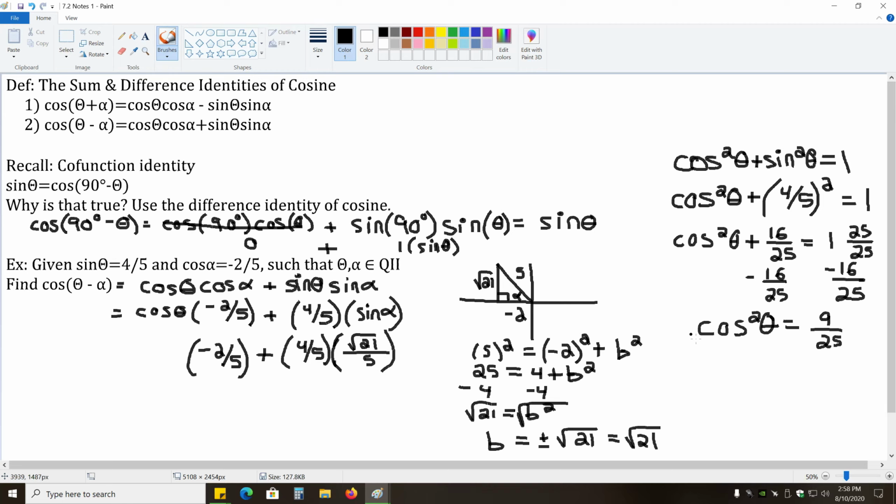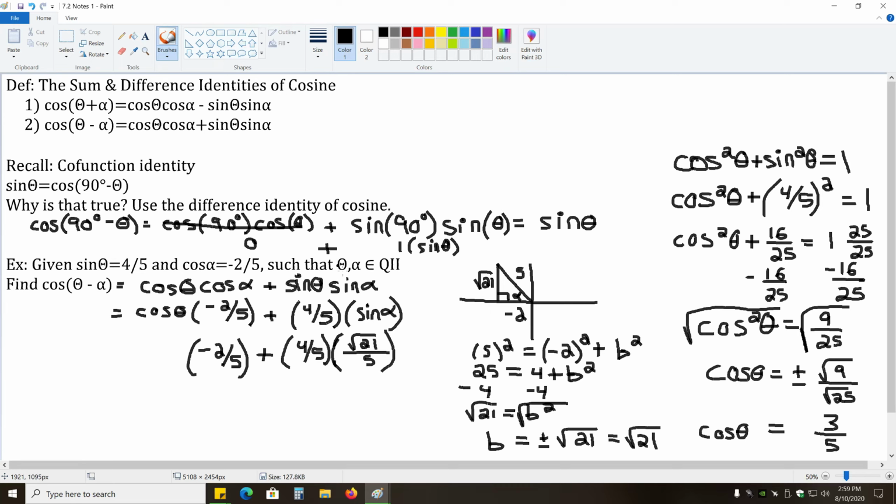So to solve for cosine of theta from here, we'll just take the square root of each side to get cosine theta equals plus or minus the square root of 9/25. Well, we can break that up as the square root of 9 over the square root of 25. And that will give us cosine of theta equals 3/5. And we need to decide, do we want the positive or negative value?